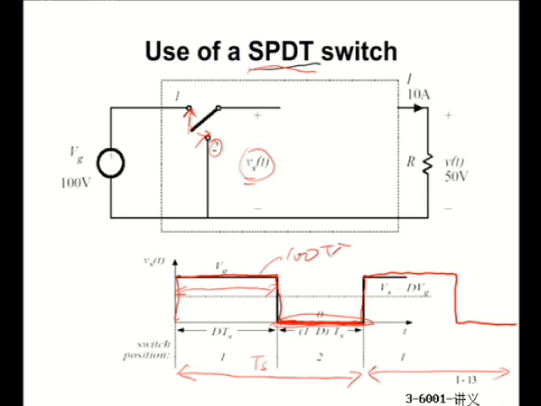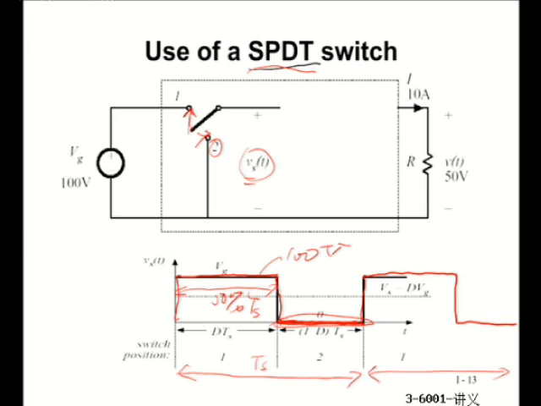And if I put the duration of switch at position 1 for 50% of switching period Ts, that means for half of the period, this square wave voltage would be at 100 volts.